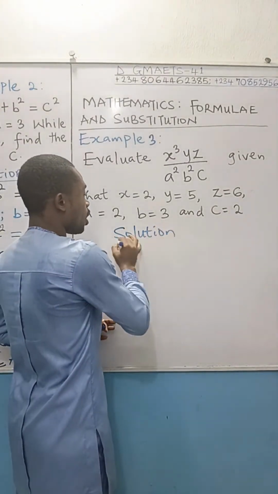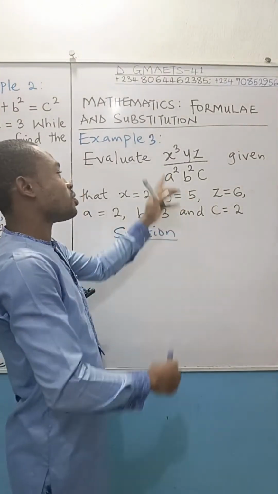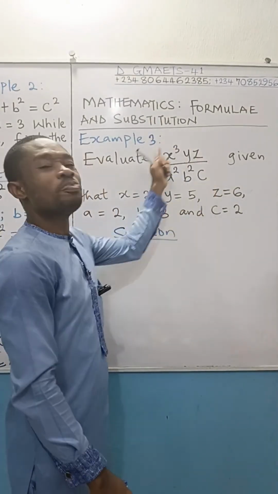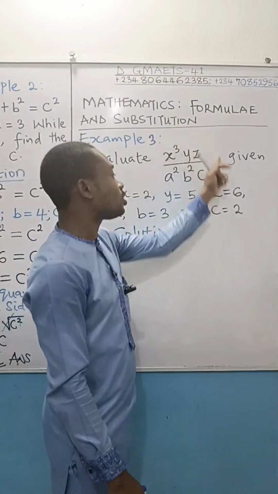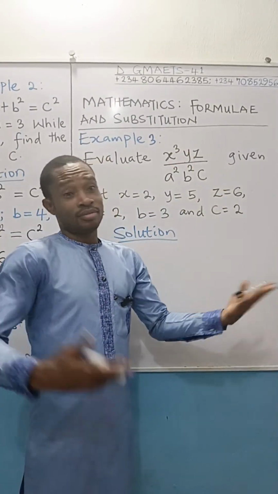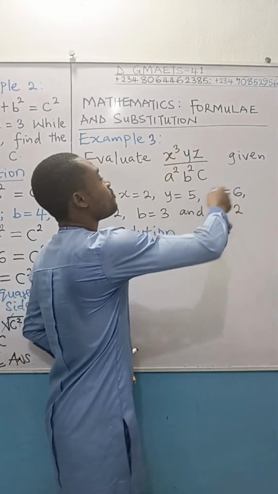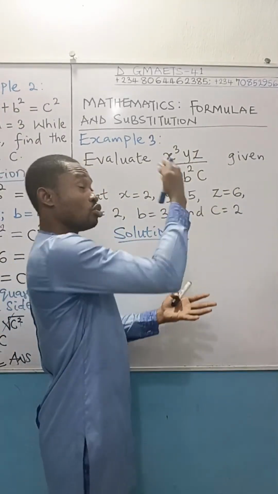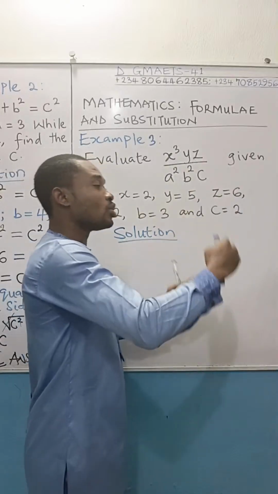Now, what they gave to us is a mathematical expression. This whole thing is a mathematical statement. If we evaluate it, simplify it after we substitute, we'll get an answer.